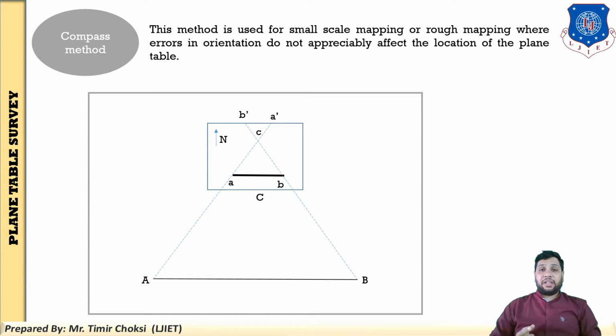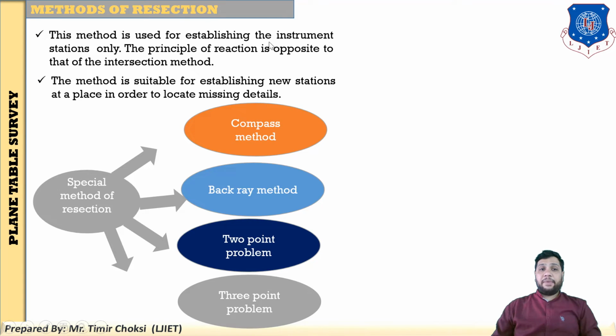In the intersection method, your procedure is different. There you transfer the point from ground to sheet; here, from sheet to ground. So this is your closed traverse, and you have established the C station on the ground using the compass. That's why your method is the compass method. So our main concept of resection is to establish the new station.